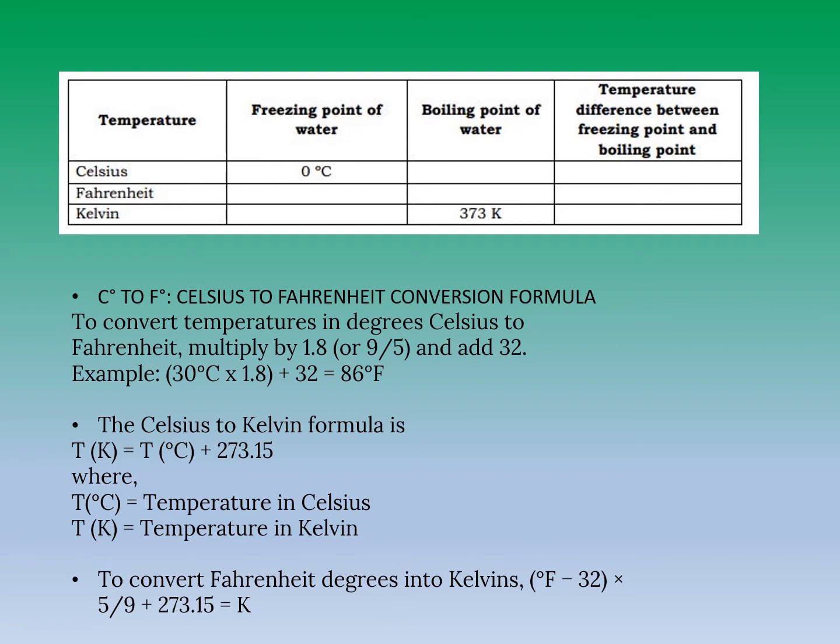The last one indicates how to convert Fahrenheit degrees to Kelvin. You have degrees Fahrenheit minus 32, and then you multiply by 5 over 9 plus 273.15. That gives the equivalent answer in Kelvin.